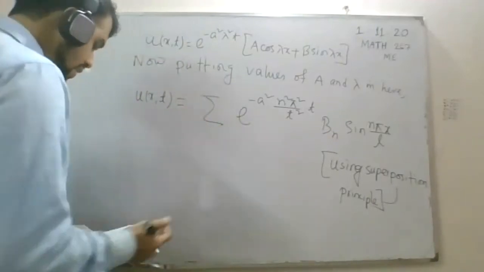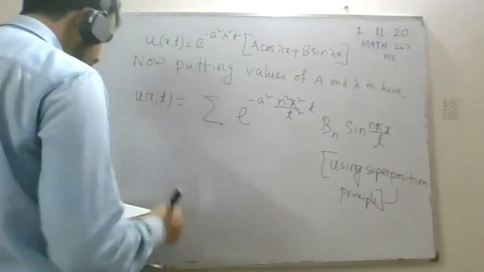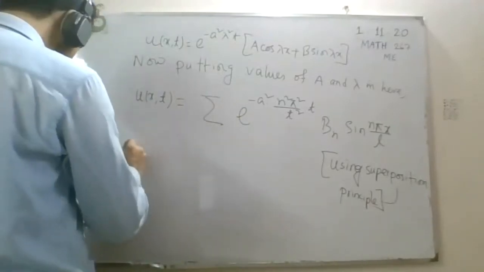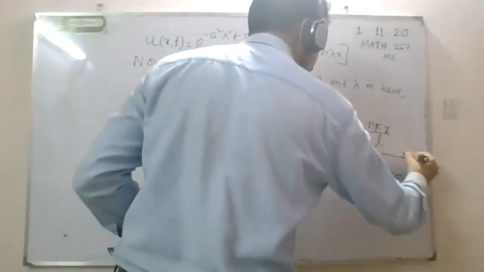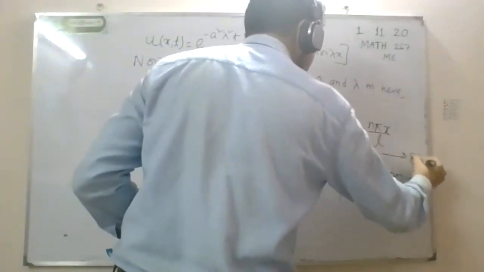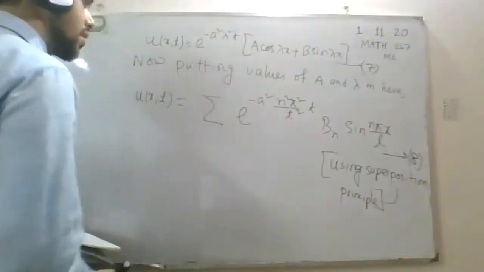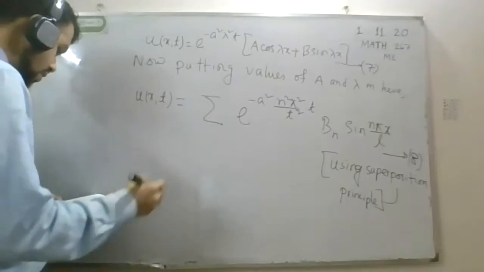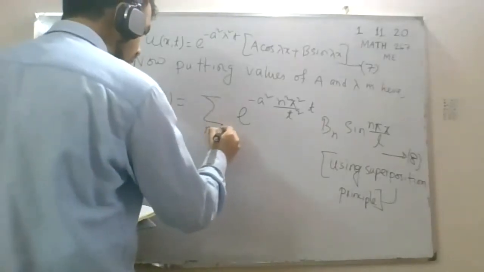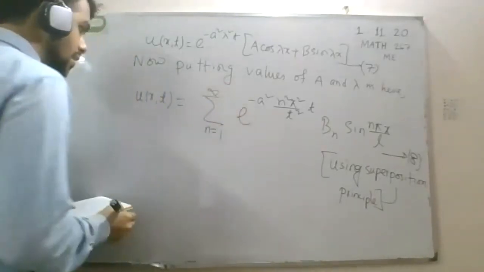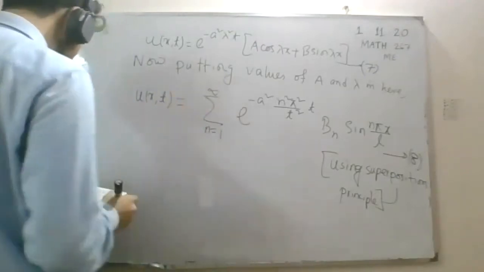Okay. So from here, you can say that this is your equation. Suppose 8, okay, and this is 7. So now what we have to do here, obviously, n equals 1 to infinity.